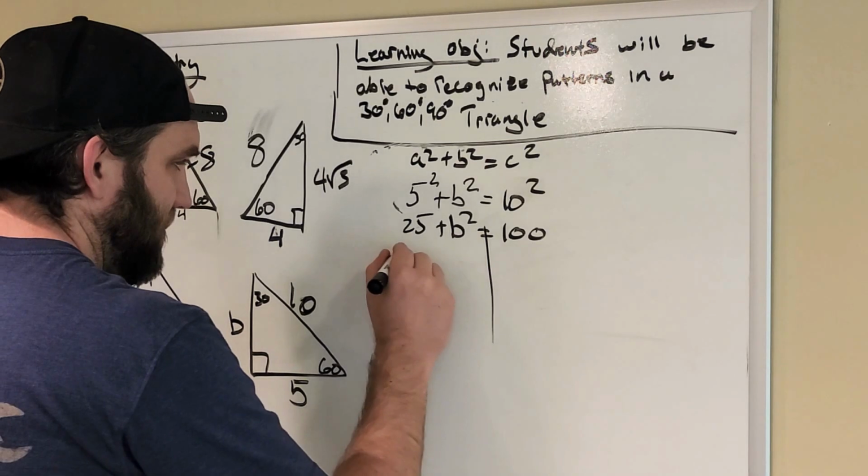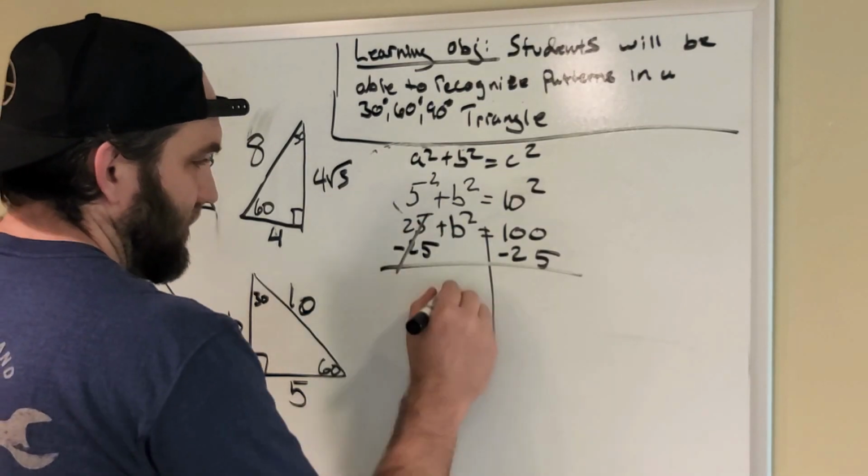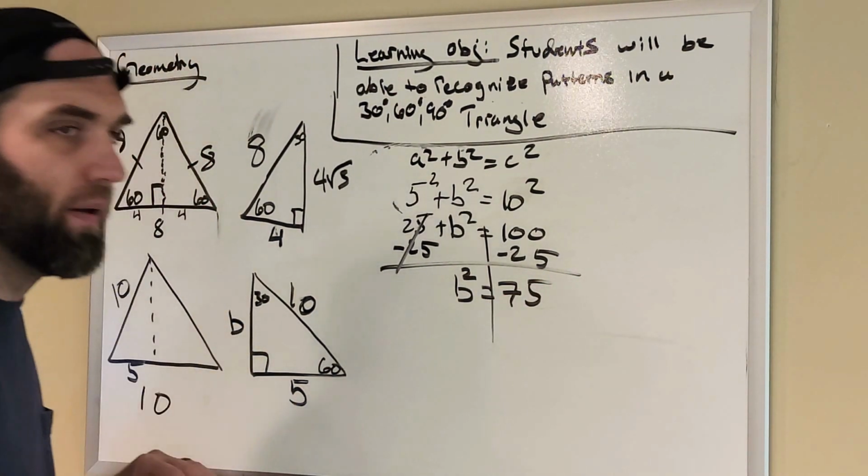Go ahead, solve, subtract 25, subtract 25, cancels, b squared equals 75, okay?